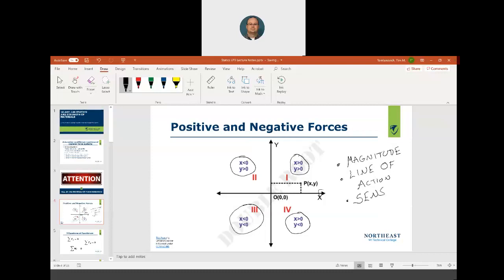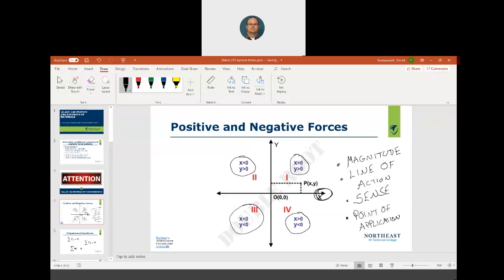Remember, that's the arrowhead. That's how we determine if it's negative or positive. And then the last one is the point of application. And these 4 parts of a force vector will come into play as we do this next lesson plan.